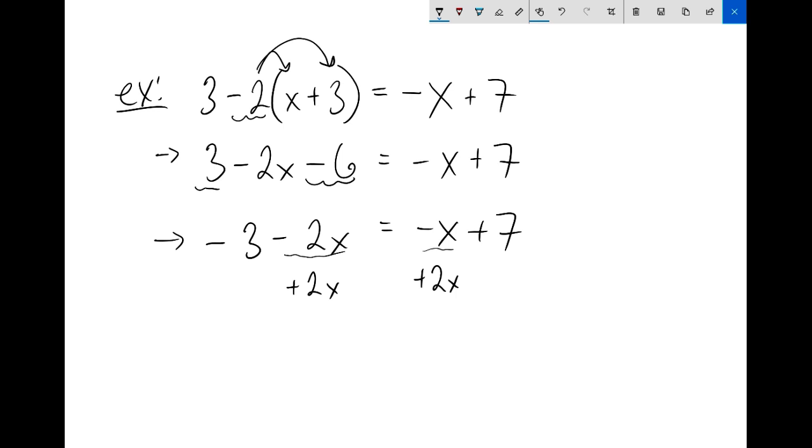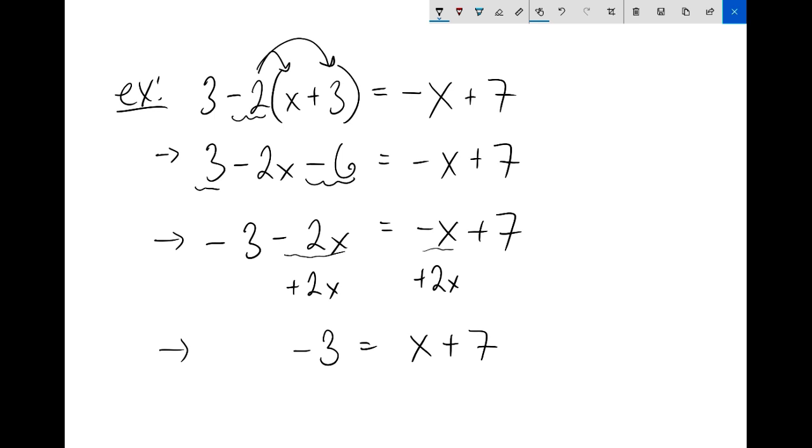Do you know why I do that? Because it's going to keep the x term positive. So I'm going to send my 2x over to the right-hand side. Over here, I'd just be left with negative 3. And over there, minus x plus 2x: that's 2x minus 1x, so I'm just left with x. So I send my variable terms to the side that keeps the variable term positive. If we would have added x to this side and x to this side, we would have been left with a minus x on the left-hand side.